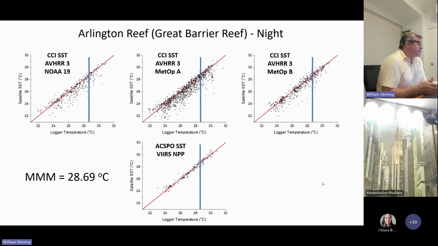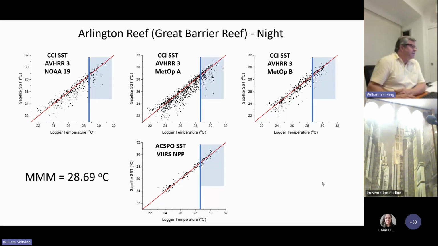The accepted thermal threshold at the moment is defined by Coral Reef Watch, the group that I work for, and it's called the MMM. It's basically the maximum monthly mean, or the average hottest month over a period, and that's literally defined as 1985 through to 2012.